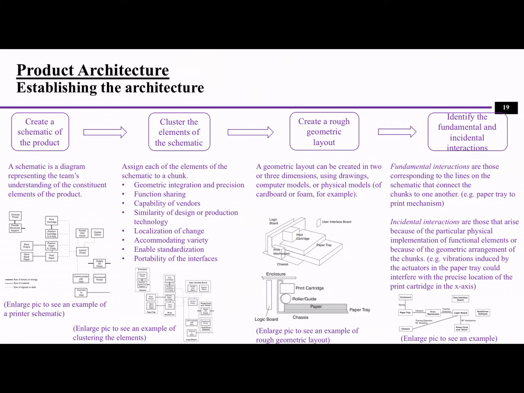For example, the vibrations caused by the actuators of the paper tray could interfere with the precise location of the print cartridge in the x-axis. This kind of interaction is not direct contact. Instead, it comes from other functions of the parts. So that's fundamental interaction and also incidental interaction. You need to identify those.